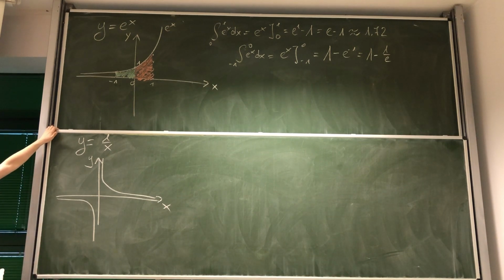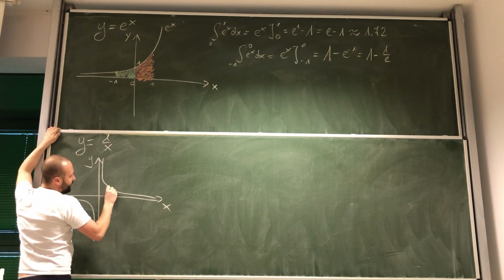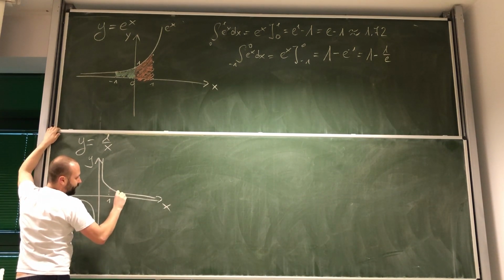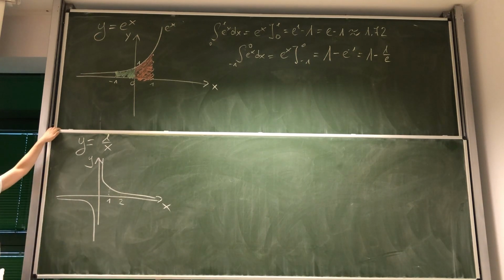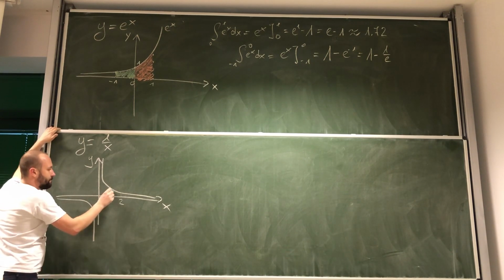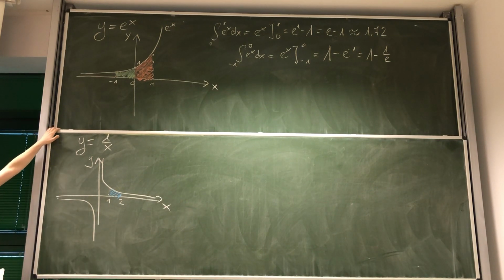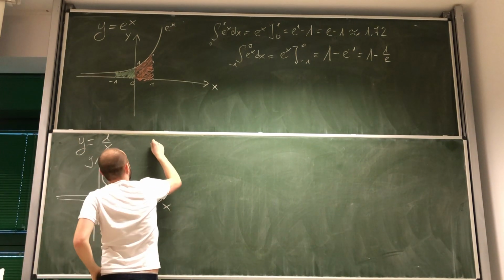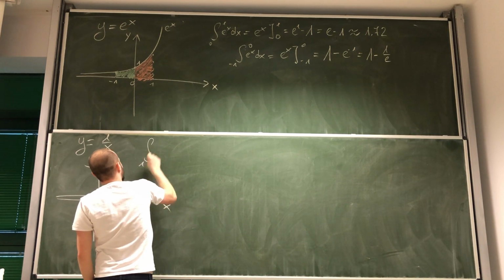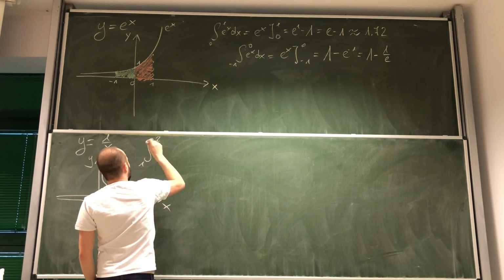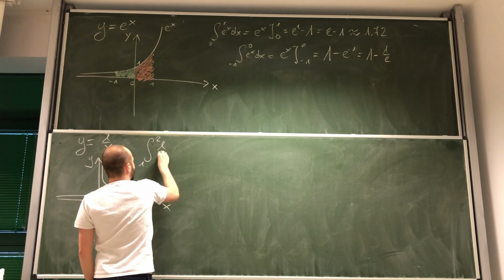Now, let's just say I want to know what is the area below this function between 1 and 2. So, I calculate the definite integral from 1 to 2 of 1 over x dx.